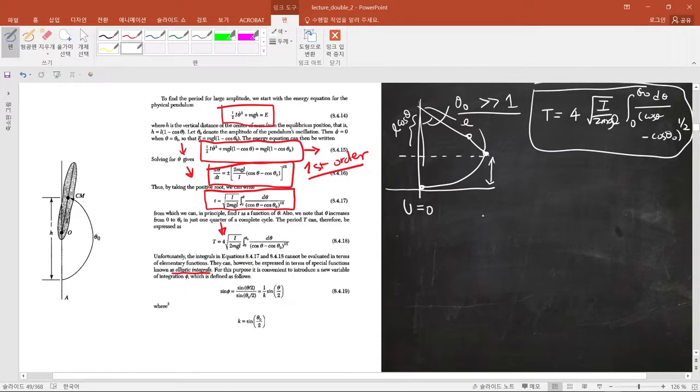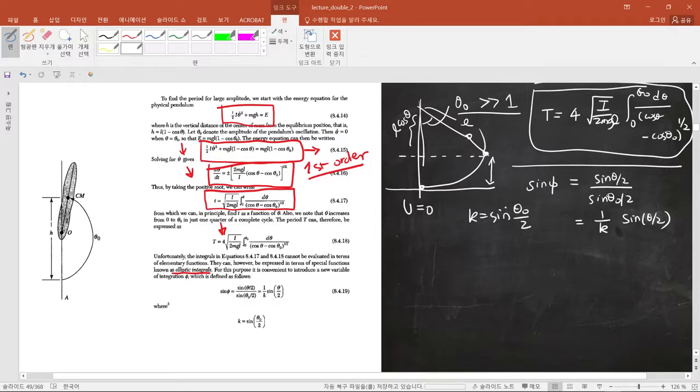To express this in terms of elliptic integrals, you introduce sine phi, which is equal to sine theta over 2 over sine theta 0 over 2, and let's write it as 1 over k sine theta over 2. So k is equal to sine theta 0 over 2.